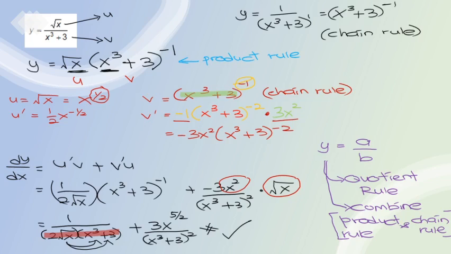Okay, so V prime is first, remember the power. So negative 1, copy back, X cube plus 3, negative 1 minus 1, negative 2.